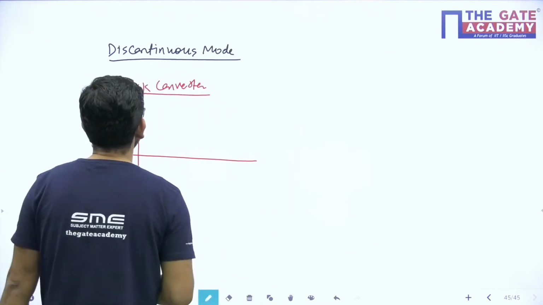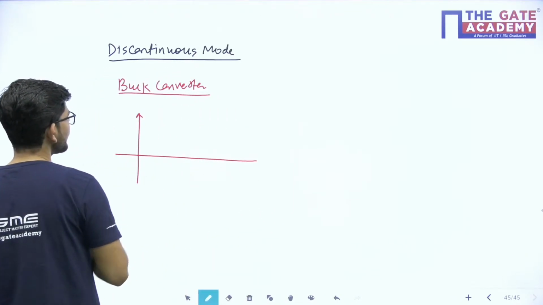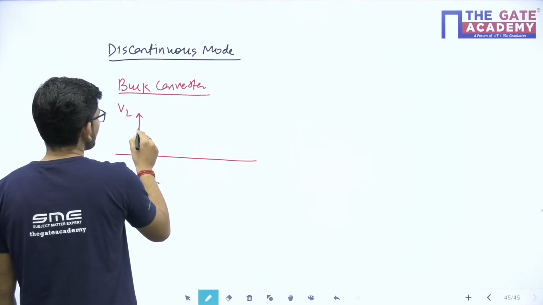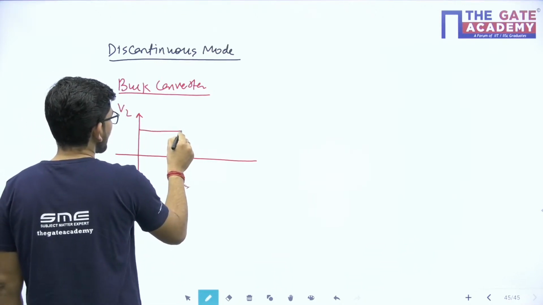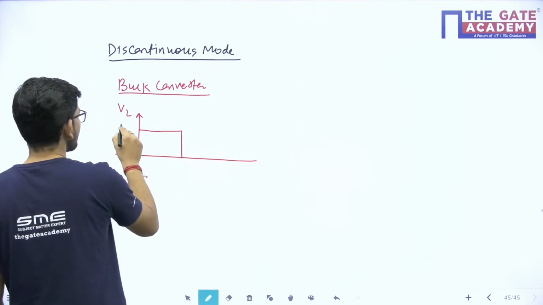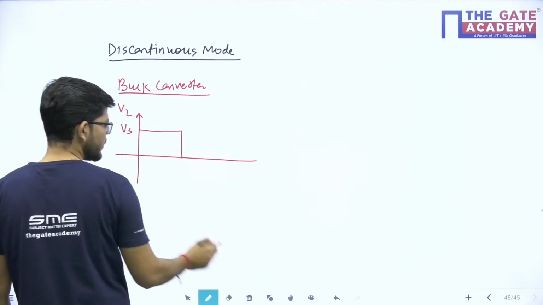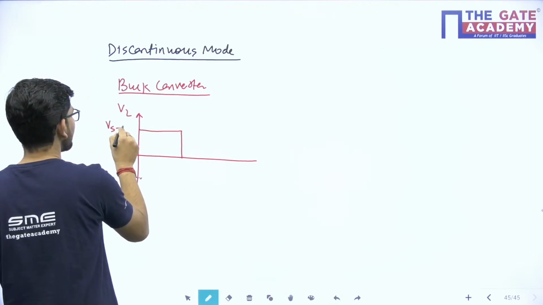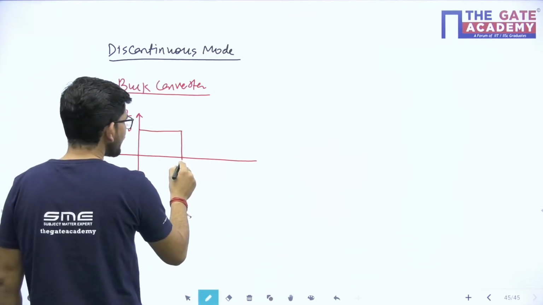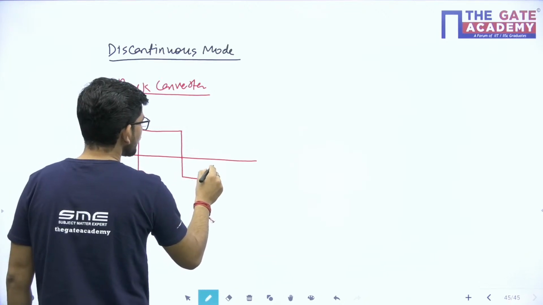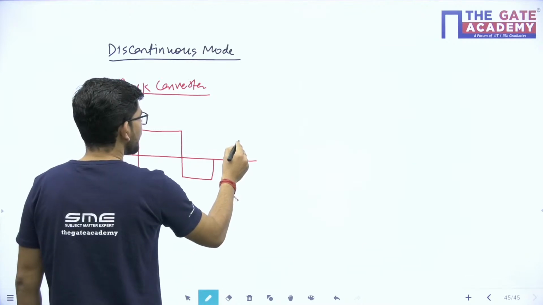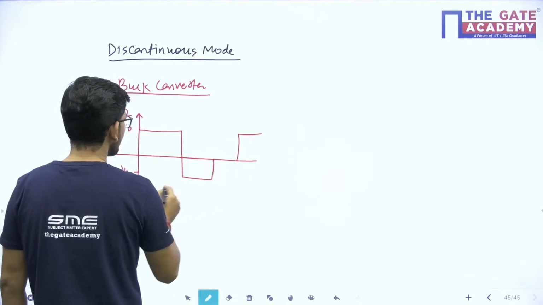So let me discuss the discontinuous mode operation. If I talk about the average inductor voltage, during the on period it will be equal to Vs minus V naught, and during the off period it is equal to minus V naught, but it is a discontinuous mode of operation.